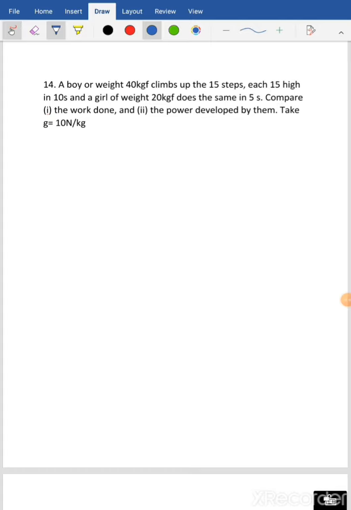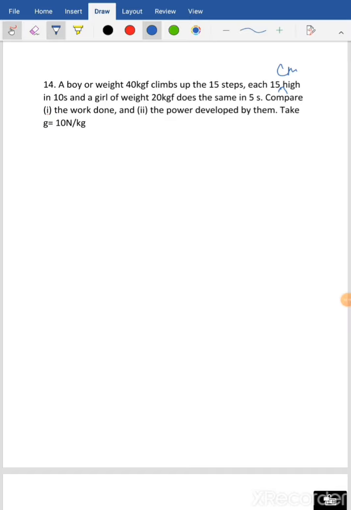I have missed out writing centimeter here, so it is 15 centimeter high, in 10 seconds, and a girl of weight 20 kilogram force does the same in 5 seconds. Compare the work done and the power developed by them.